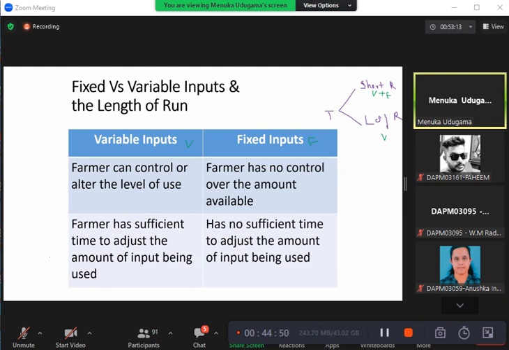We say in the short run, you get both variable inputs and fixed inputs. So variable inputs are inputs that you can easily vary, like fertilizer, water, seeds, labor, amount of laborers that you use during the season. So these things can easily be varied by the farm.